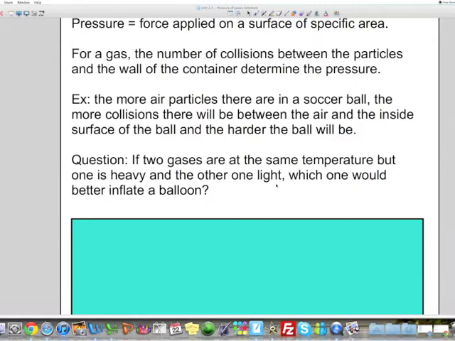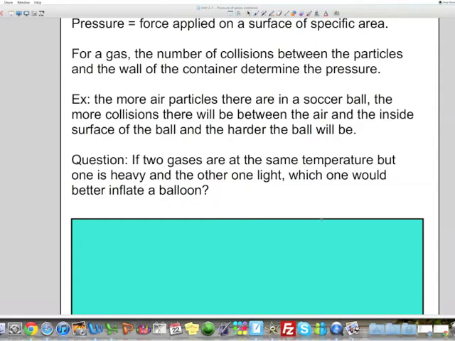So it's just a question of how fast or how slow the balloon will get inflated. And by the time it's inflated, it will stay inflated at that point because the gas will occupy all space available. So two equivalent containers, two equivalent balloons, one with a heavy gas, one with a light gas, will in the end be inflated the same way if they're at the same temperature.